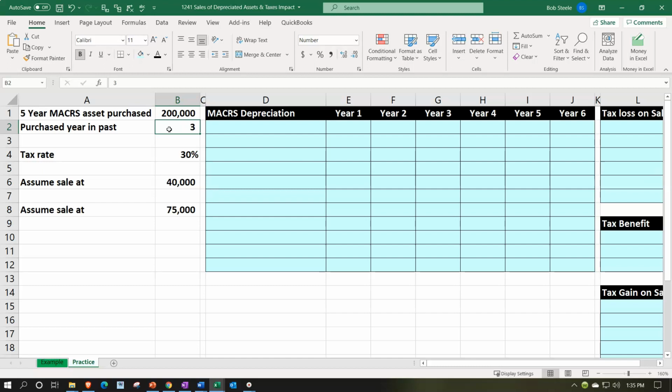That means that when we sell it, we're more likely to have a gain as a result of the sale, because now we've taken the depreciation on the front end. We kind of took the benefit of it. And so then we have to think about the tax result of the gain.